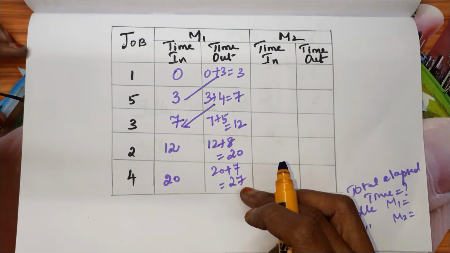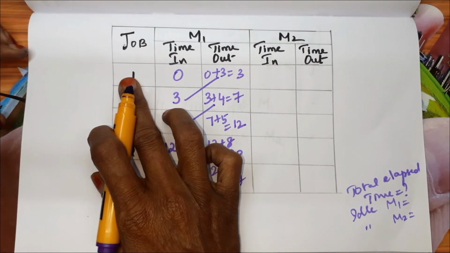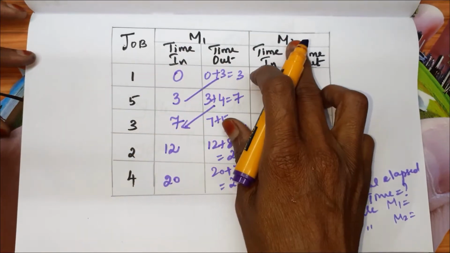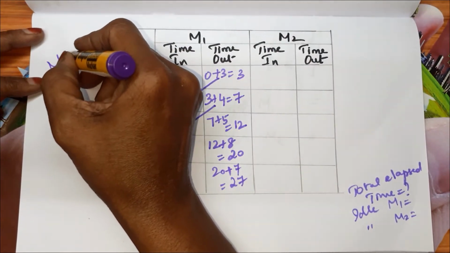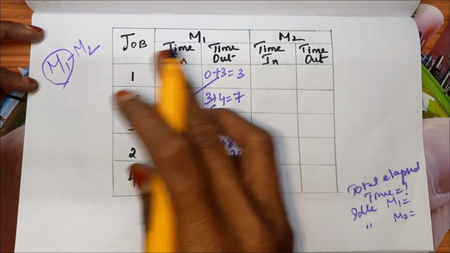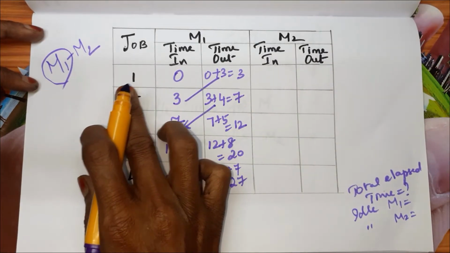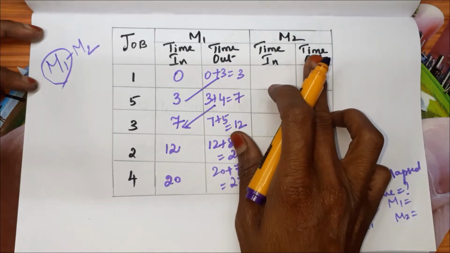Now we are going to move on to the next machine. This job has to be processed M1 then M2, because this is the order they have given. After completing all the jobs one by one in M1, they have to move on to M2. Okay, so from 0 to 3 hours the machine is idle.